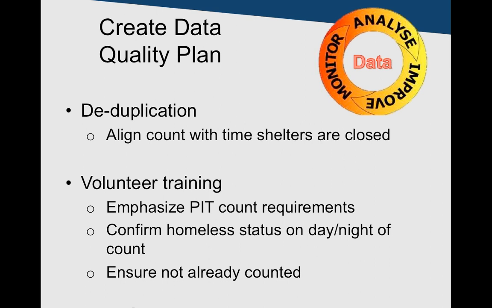It is also extremely important that each count has someone dedicated to ensuring that the volunteers are trained in the homeless definition, the count purposes, the count requirements, and how to confirm someone's homeless status and that the person hasn't already been counted.